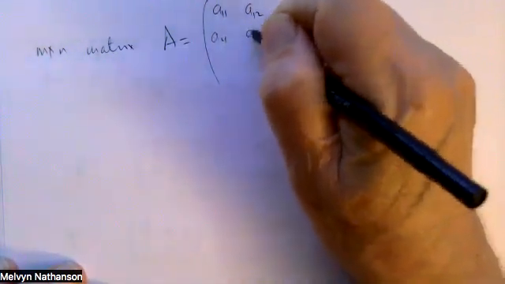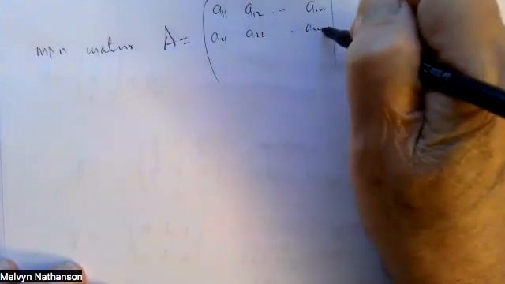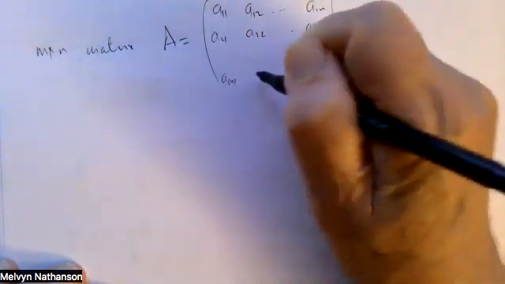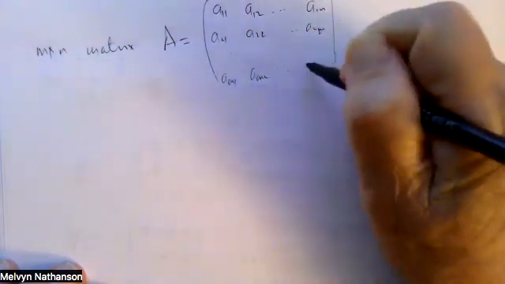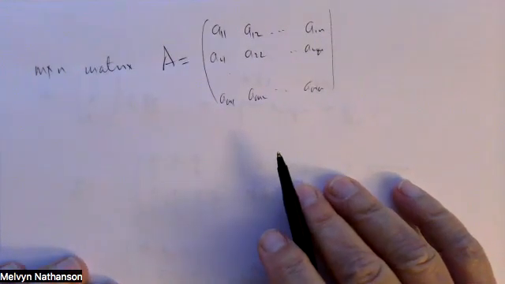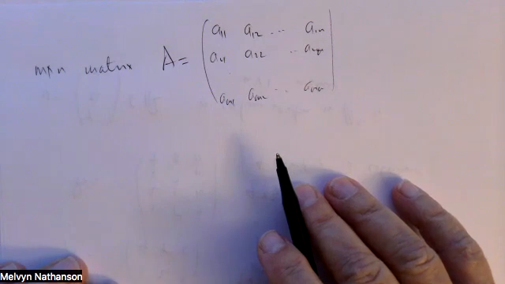Second row, A21, A22 up to A2n. Down to the mth row, Am1, Am2 up to Amn. In fact, this is exactly the same sort of notation we used when we were looking at m linear equations in n variables, and we used the aij's for the coordinates.